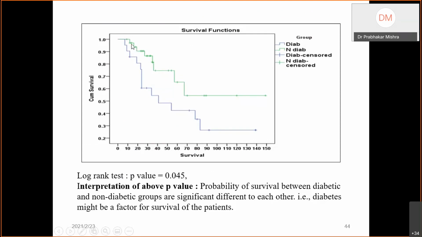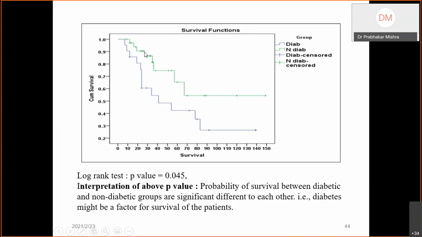And see here, this is the survival time being shown. So here is 100% survival, 90%, 80%, 70, and 20%. And see here, there was 80%, then up to the end of this 30 month of the follow-up.